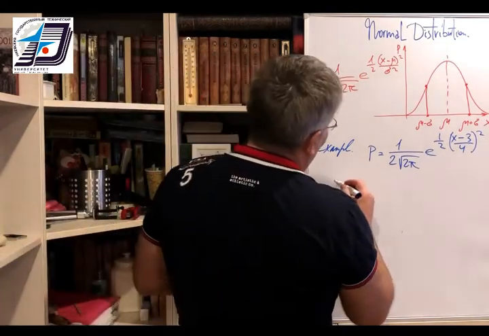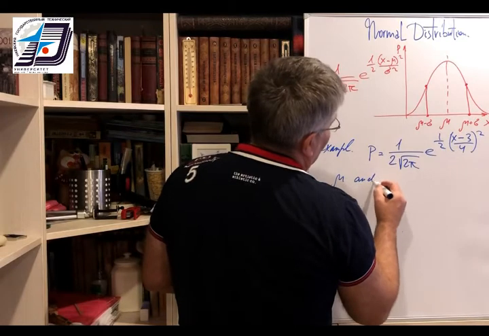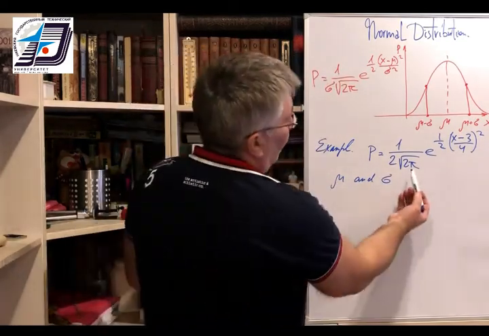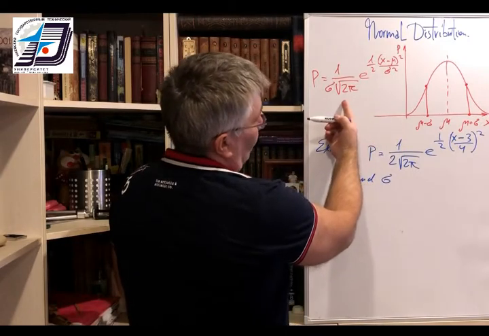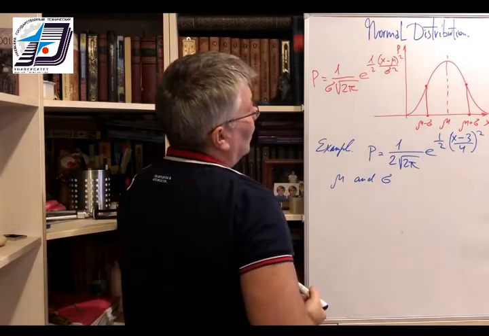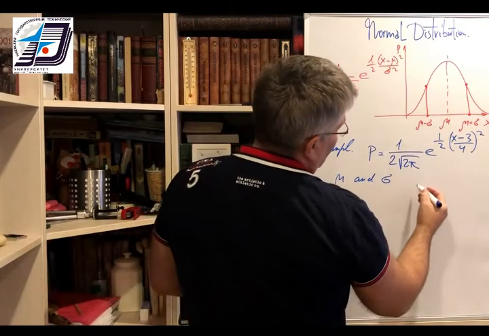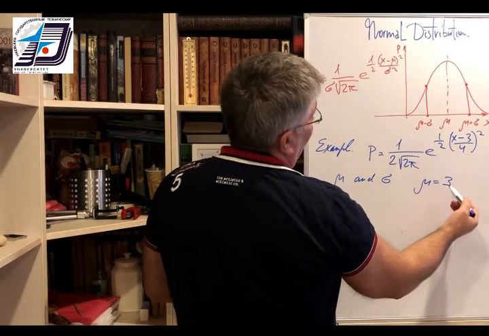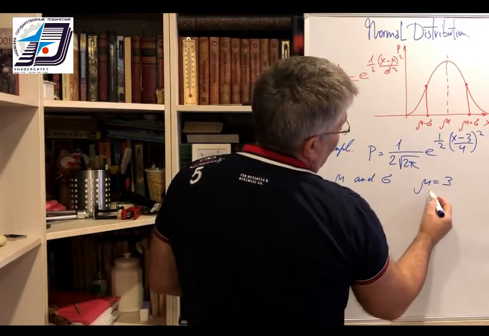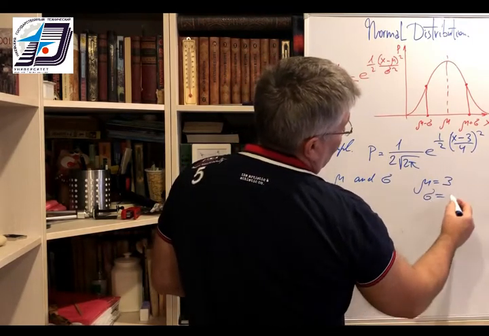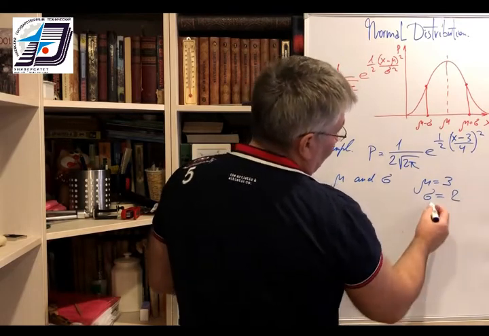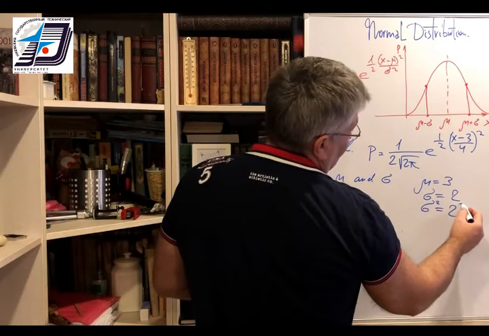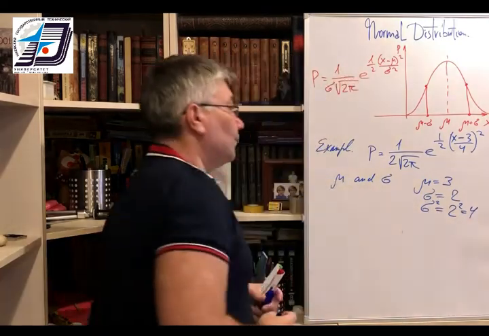You have to know what mu is here and the standard deviation. So you can compare this formula with the general form of the normal distribution. You can notice that mu equals 3 here, the mean of this distribution, and the standard deviation is 2. So the variance of this distribution, sigma squared, is 2 squared, and it is 4.